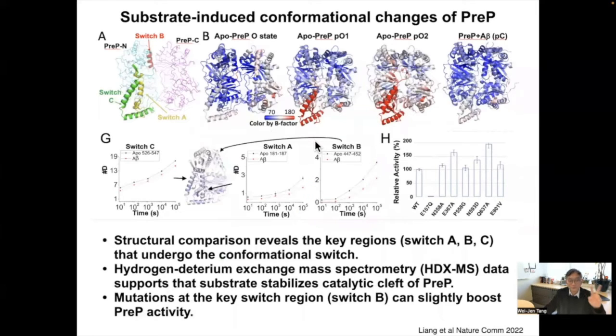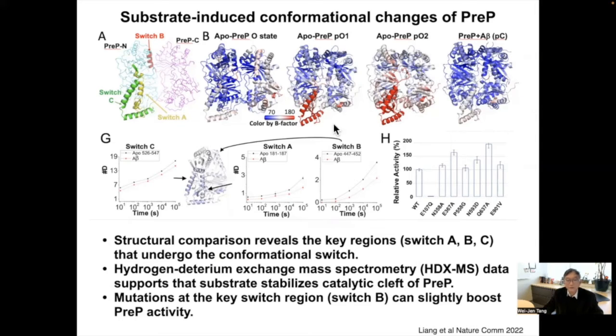This gives us two major take-home messages from analysis of this structure. First, we identify three regions that undergo major conformational change. We define them as switch A, B, and C. A and C are clustered. A has the region that coordinates the catalytic metal, which is crucial for catalysis.